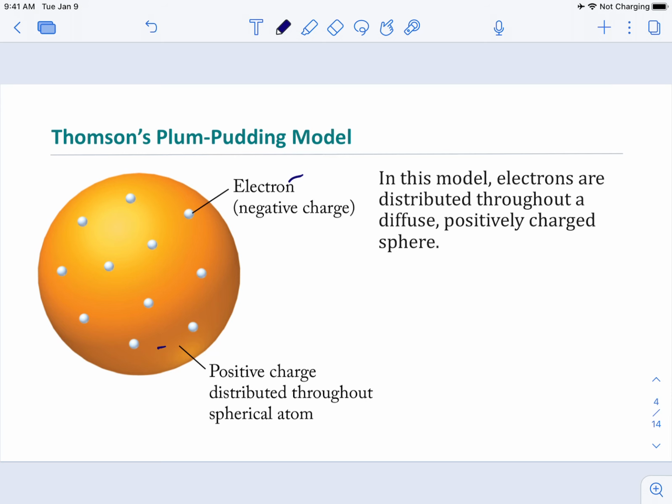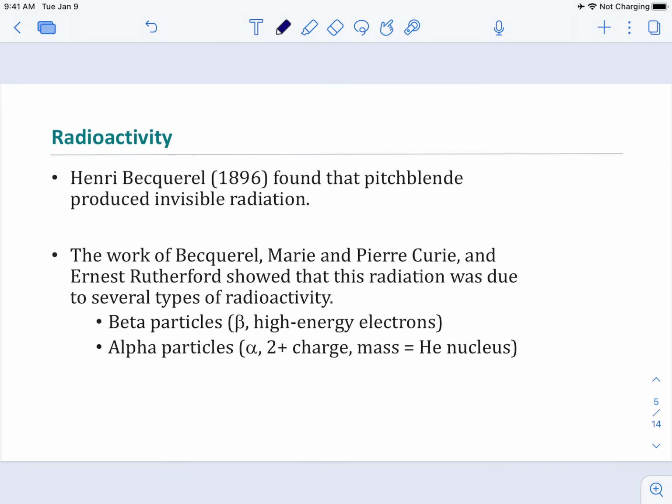So we need to introduce radioactivity, which is on my outline, before we go into Rutherford's experiment. So this was somewhat serendipitous. He found that pitchblende, which is one of the uranium ores, so uranium basically, produced invisible radiation.